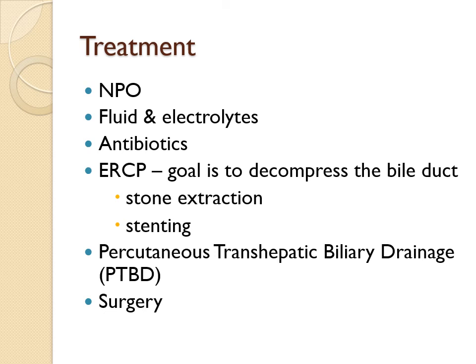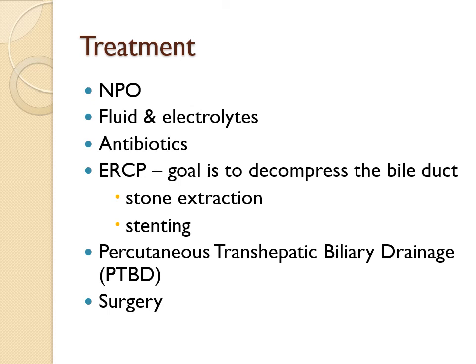So via ERCP, we can do stone extraction to relieve the obstruction, or we can place a stent to produce drainage. If ERCP is unsuccessful, then we can do percutaneous transhepatic biliary drainage, and this is done by our interventional radiologist. And if this is not available, then our last resort is to do surgery.